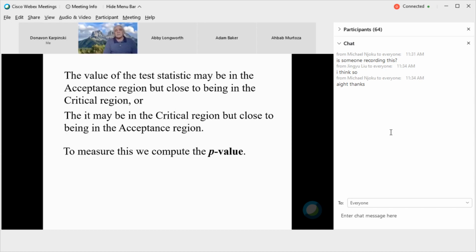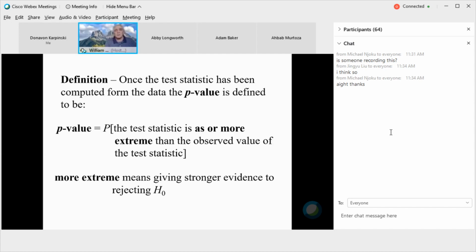To measure this, you compute what's called the p-value. The p-value is the probability that the test statistic is as or more extreme than the observed value of the test statistic when H naught is true. More extreme means giving stronger evidence for rejecting H naught.